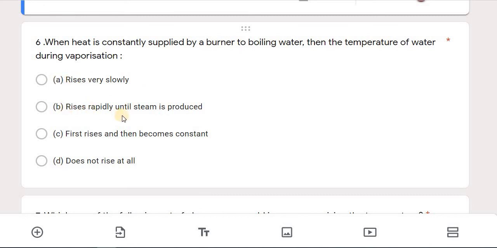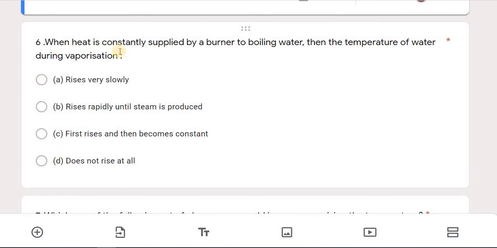B, it rises rapidly until the steam is produced. C, first rises and then becomes constant. And the D option, does not rise at all. As we know the difference between boiling and evaporation, the answer is D, does not rise at all.